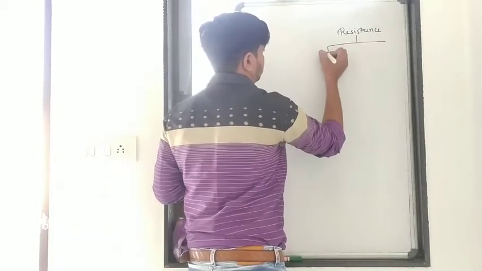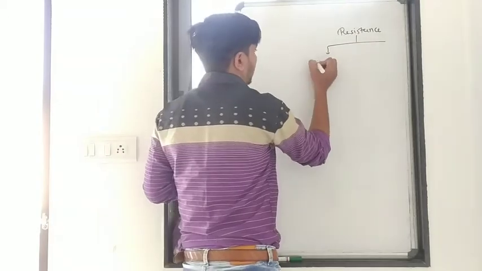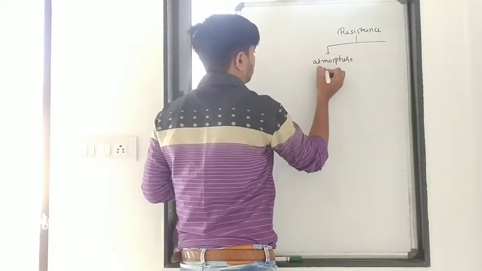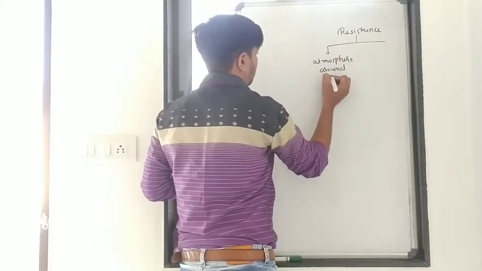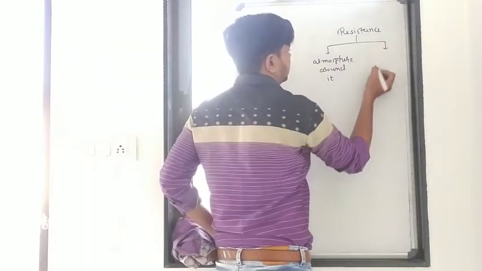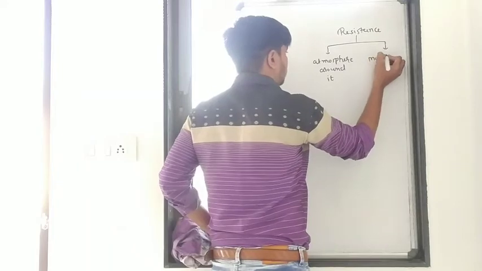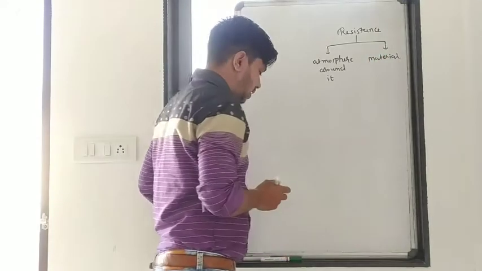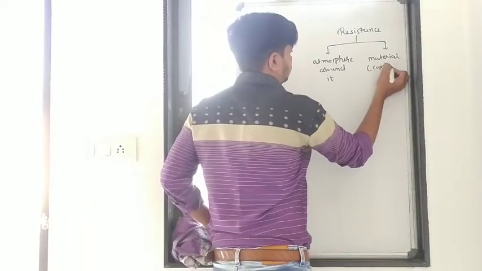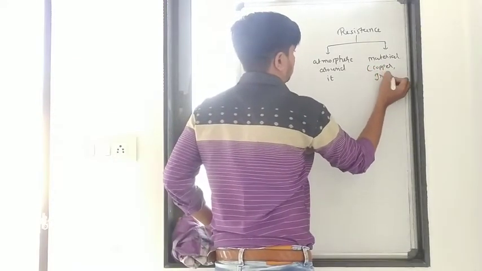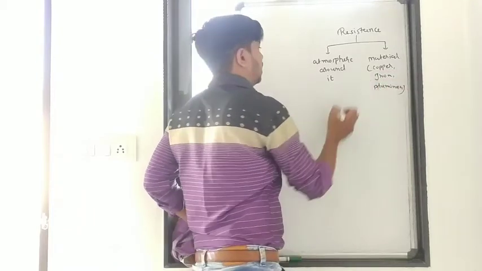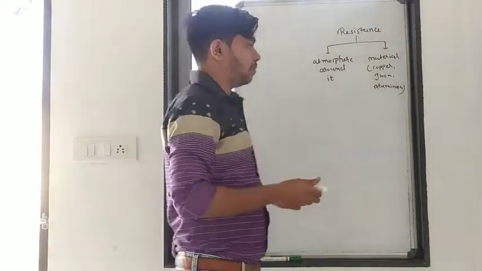So last time we have just seen that the resistance depends on two things. One is the atmosphere around it, like what is the temperature and the pressure and something like that, and another thing is the material, like copper, iron, aluminum, anything.